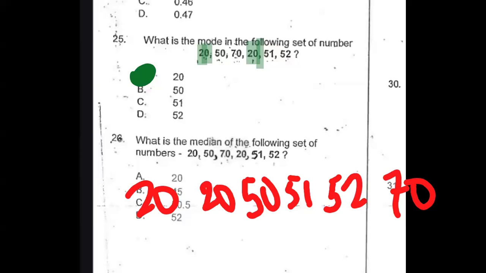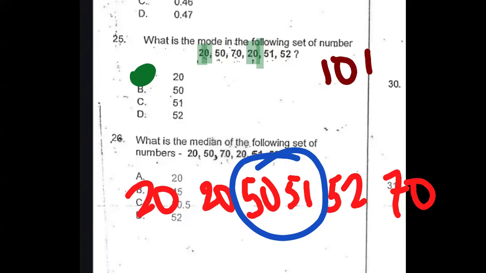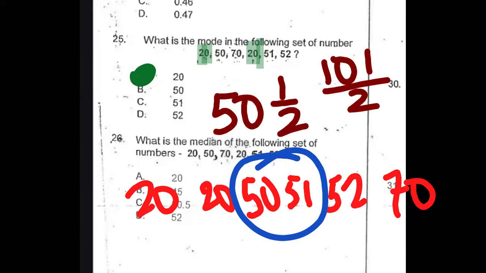So the argument is that we're going to take these two middle numbers here and add them. So we'll have 101 divided by 2. Now, 100 divided by 2 is going to be 50, and that's going to leave us with 50 and 1 over 2.